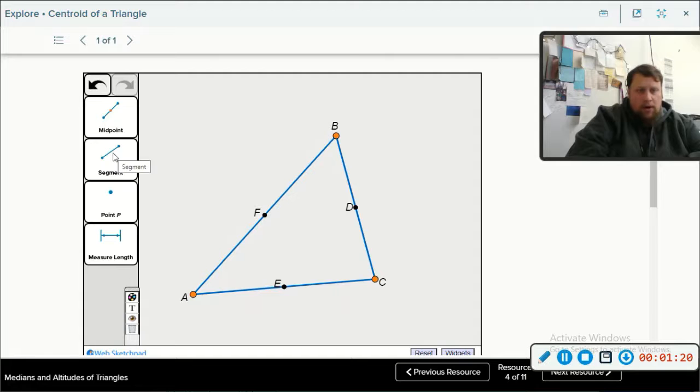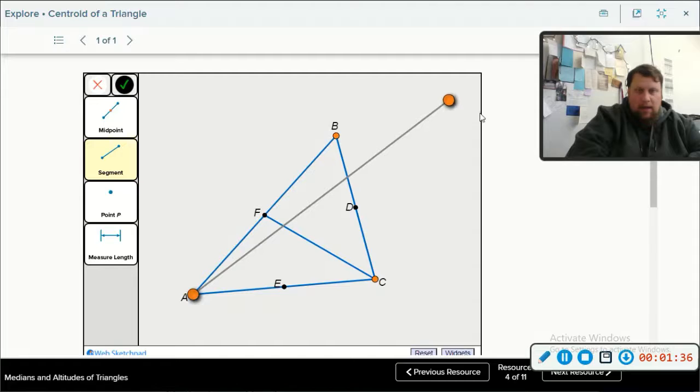Now we're going to start doing some line segments, right? I'm going to do a line segment from each vertex to the midpoint of the side opposite of it. So in other words, from A to D.